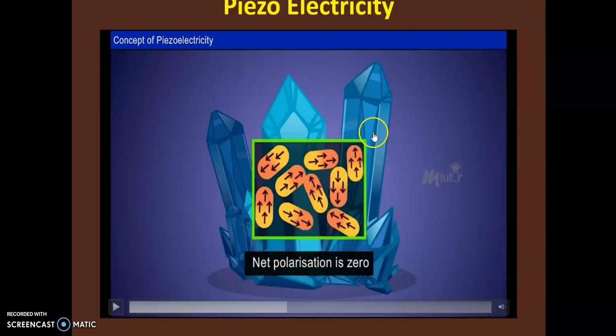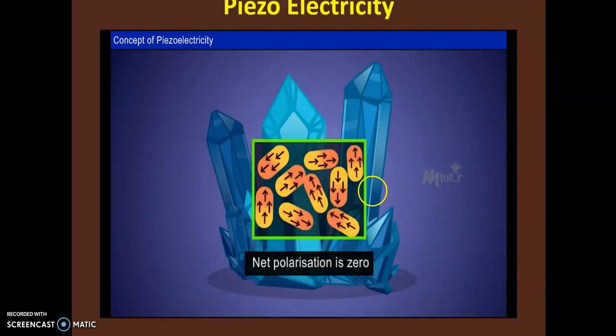So if you apply an AC wave, a sinusoidal wave, these dipole moments will change this way, that way, this way, that way. We have seen in 1 second, 50 hertz frequency means 50 cycles, and 50 cycles means how many times these will go on changing. That I explained to you yesterday in the last lecture with the ferroelectric effect.